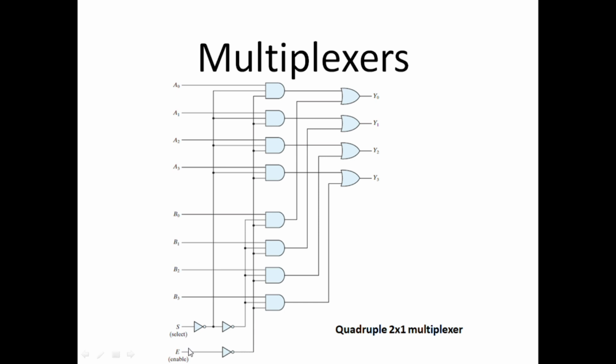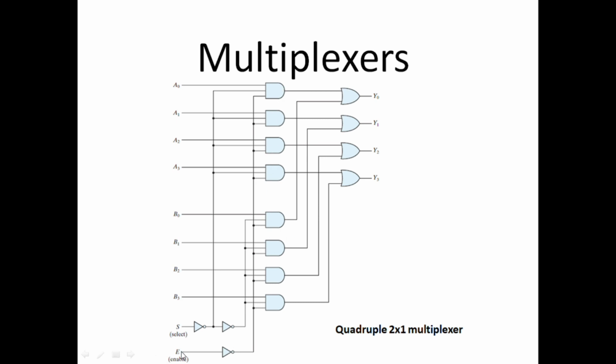So when it is 1, it becomes 0, and 0 is connected to all the AND gates, and all the AND gates are disabled. So that means whenever at least one input is 0 to the AND gate, the output is 0. So whenever this enable is 1, it becomes 0, and 0 is connected to all the AND gates, and the outputs are disabled.